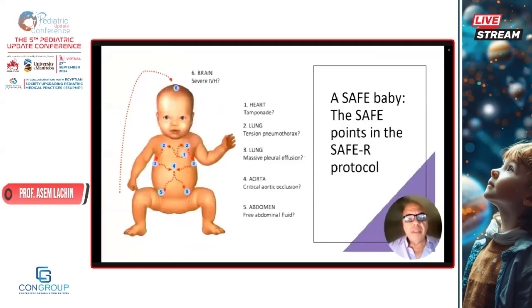The infant protocol is close to the pediatric SAFE protocol, which also contains ultrasound assessment of the heart, lung, aorta, abdomen, and brain. So there is some similarity between the crashed infant protocol and the SAFE protocol in older children.